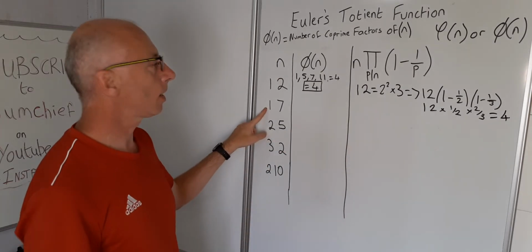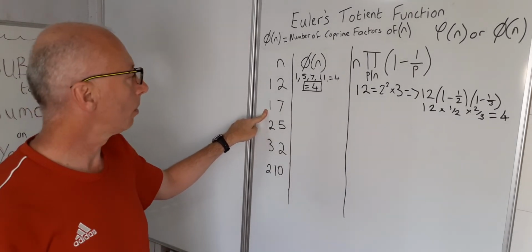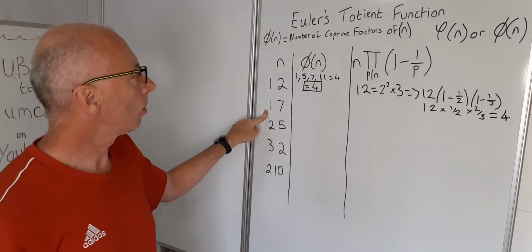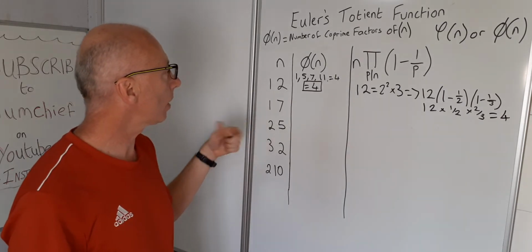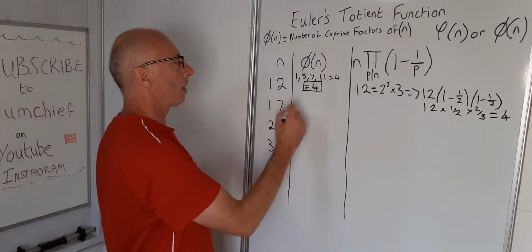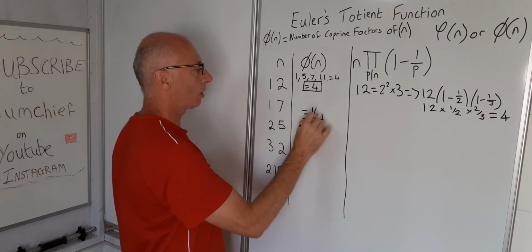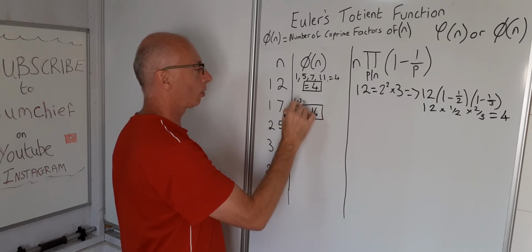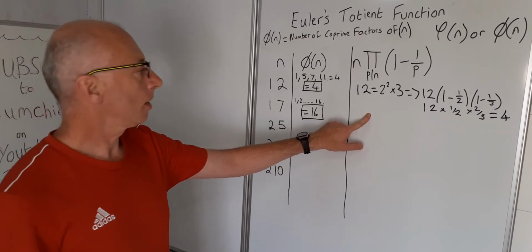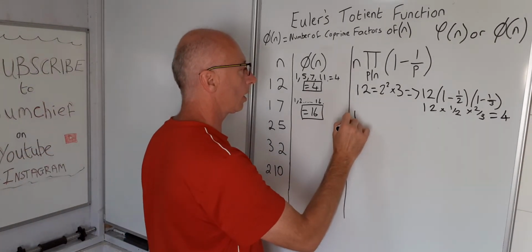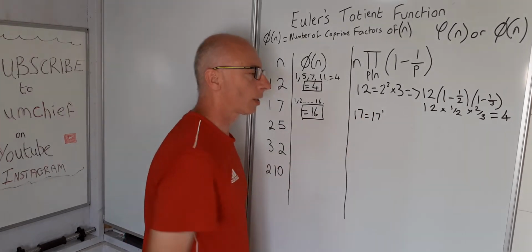Okay, slightly different number now to work with is 17. 17 is a prime number, so basically the only factor for 17 will be 17 itself, so that leaves us with 16. So straight away we can say that in this case our answer will be 16, because it'll be the numbers 1, 2 all the way up to 16. So let's try it with the formula. The prime factorization of 17 is 17 to the power of 1.